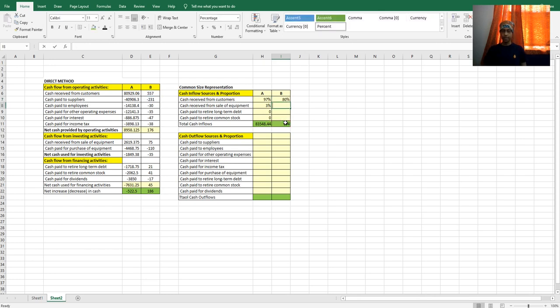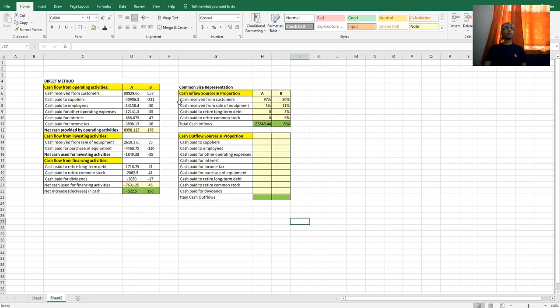This is 80%. Sale of equipment 75 by 694, 11%. From debt 21 by 694, 3%. From stock 41 by 694, 6%. So now we are in a position to compare, friends.